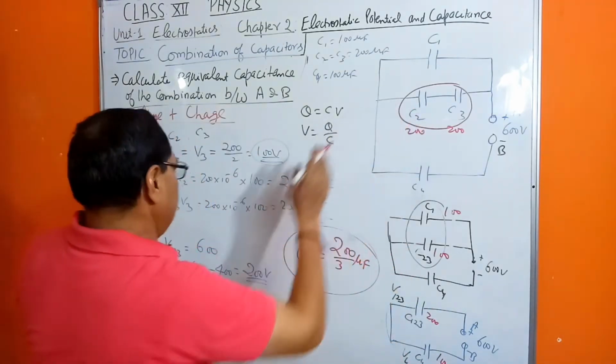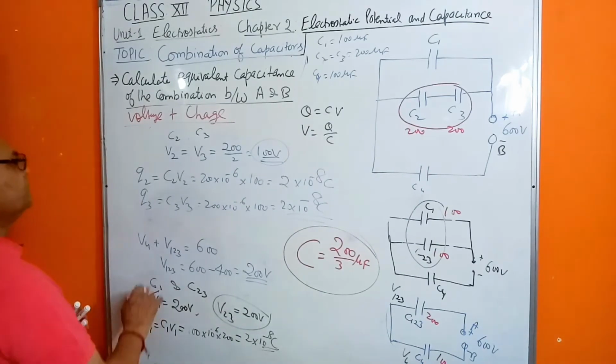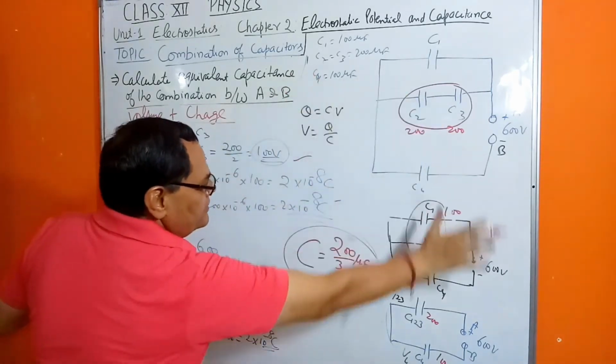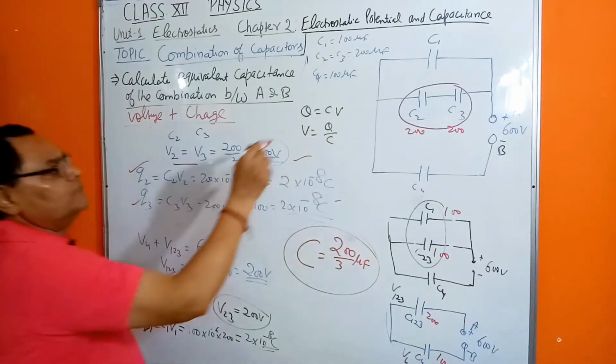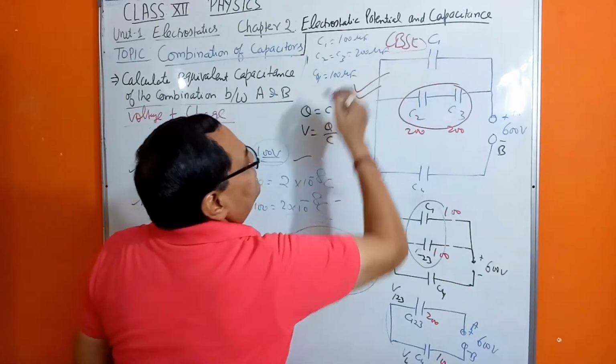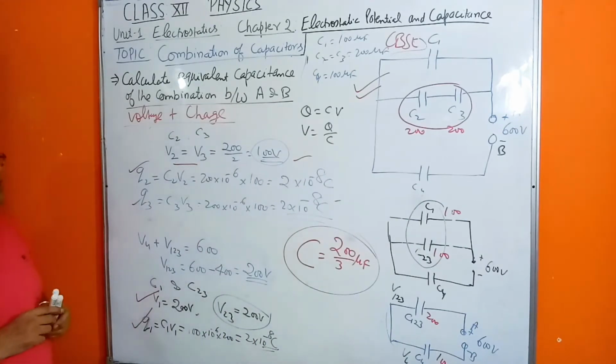C1 we got here, that is voltage V1 and Q1 as well, and of course Q2, Q3 and V2, V3 got here. So this way we can answer it, the most important question of CBSE. Clear? Understood? Yes. So this way we have to solve.